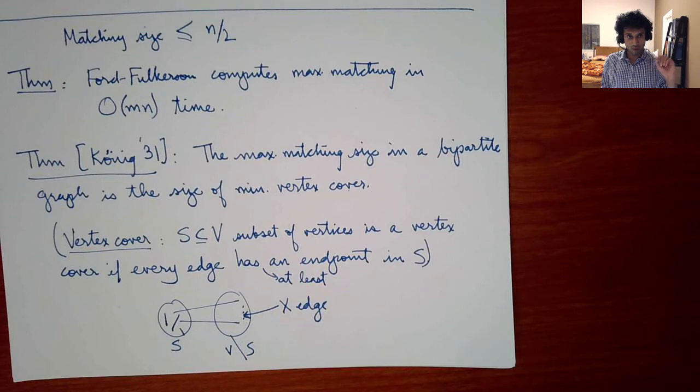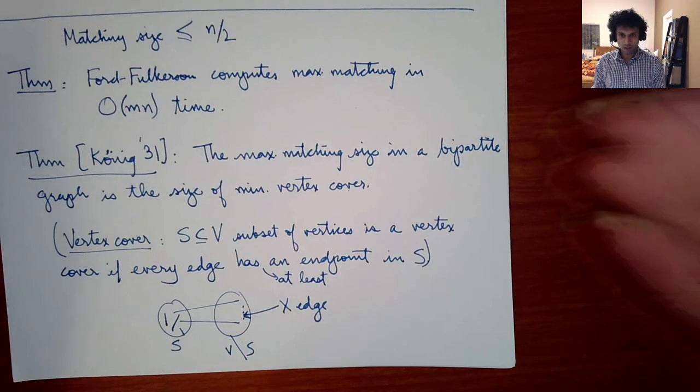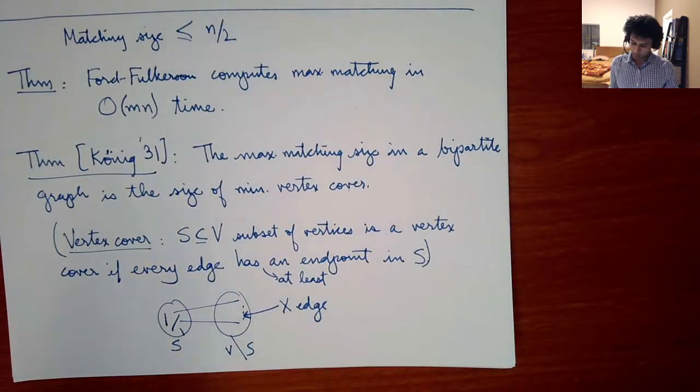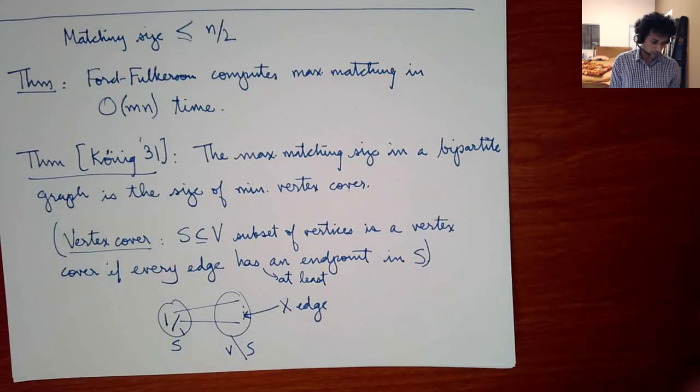Okay, so hopefully the significance of this theorem, the algorithmic significance, is clear in terms of combinatorial optimization or combinatorial algorithms. Here's a combinatorial algorithm. A classic problem which is NP-hard on arbitrary graphs can be solved in polynomial time on bipartite graphs. And what I'm going to do is prove Koenig's theorem.